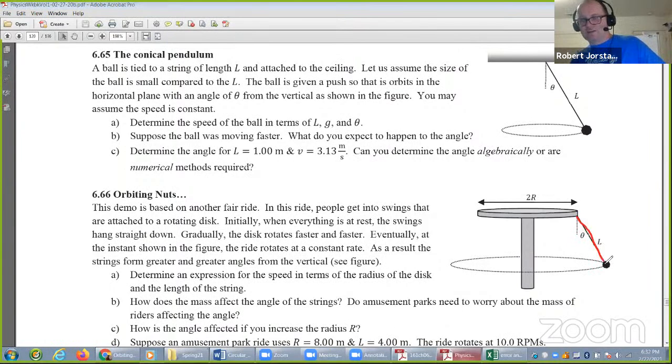Instead of just being straight to the right, it's actually a little bit behind in the circle. And so there's a slightly forwards component there, which makes this tricky. And if you don't have that forwards component, you're not speeding up. So the angle is not, strictly speaking, straight out to the side. But as long as we speed it up very gradually, the amount of tension you need in the forward direction is negligible. Okay?